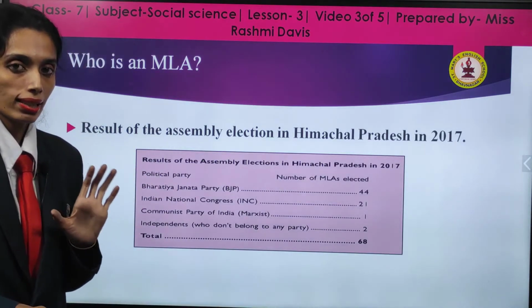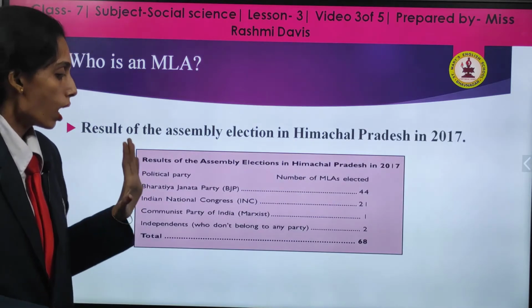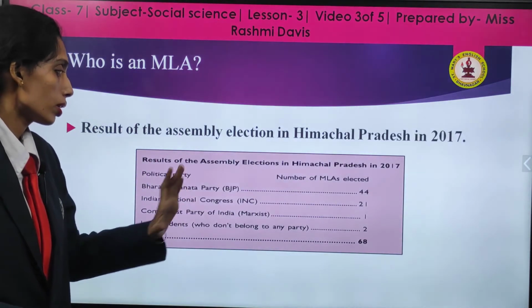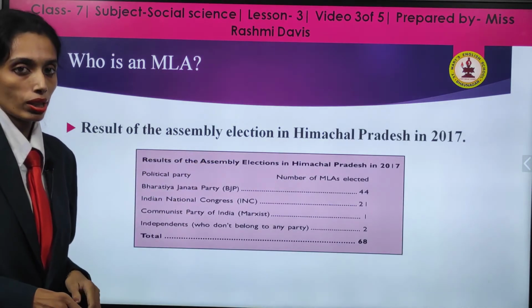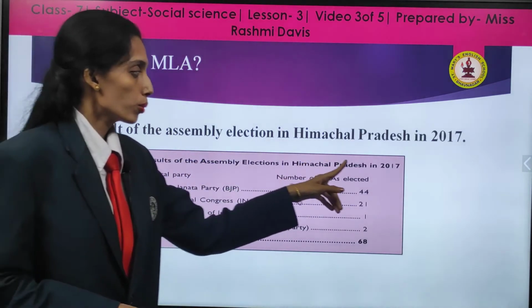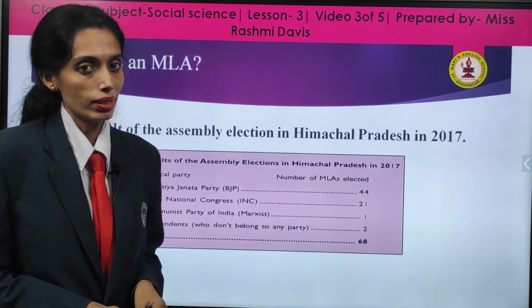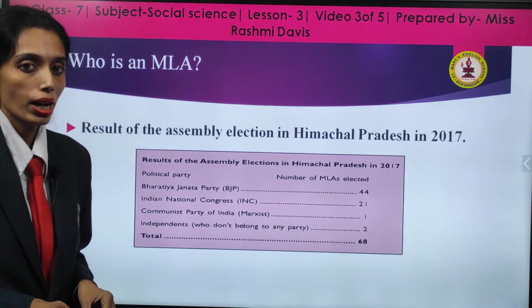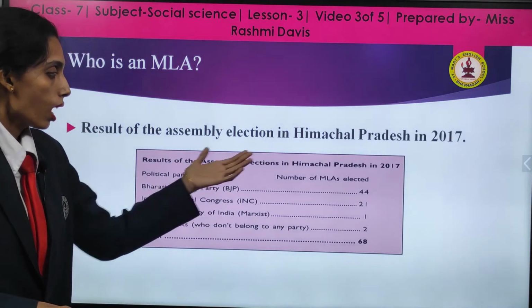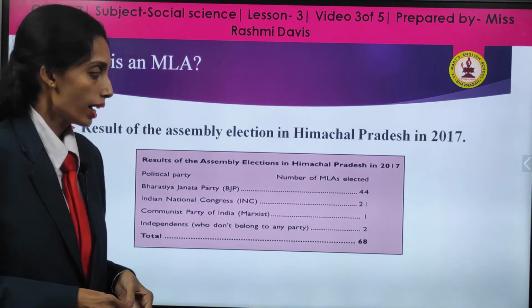So there were a total of 68 constituencies, with different parties standing, out of which the Bharatiya Janata Party, that is BJP, won 44 seats in the assembly election in Himachal Pradesh in 2017. They had won 44 constituencies. So obviously from this table you can make out that the BJP had won.